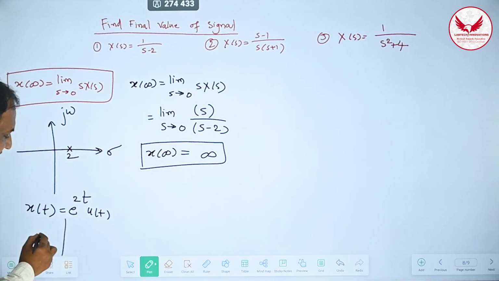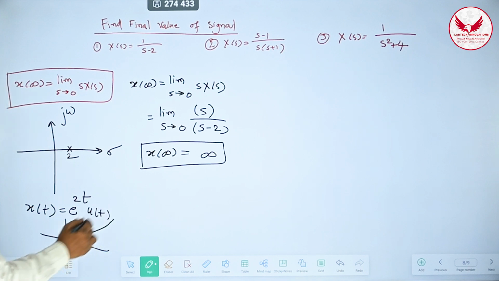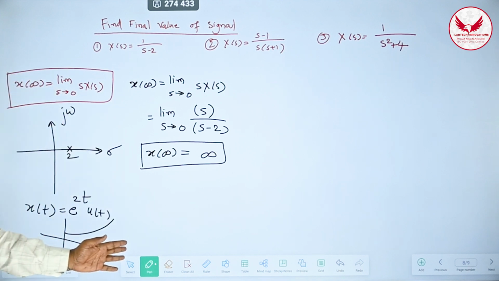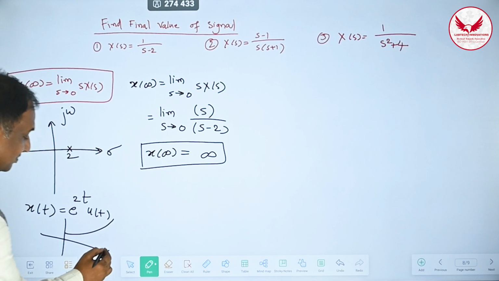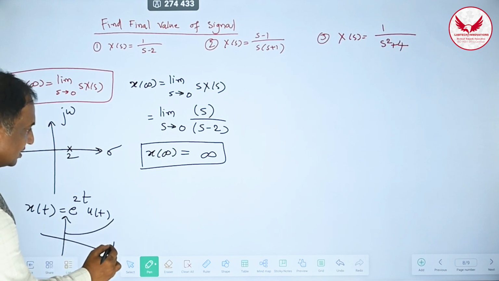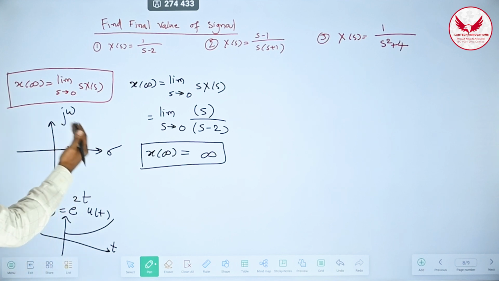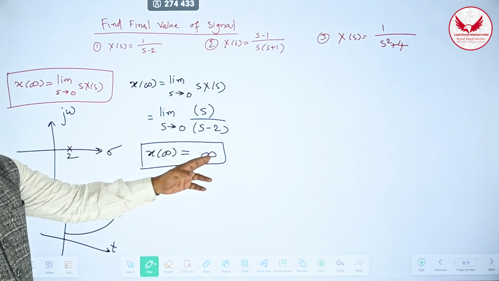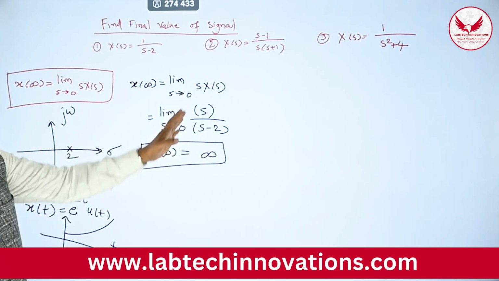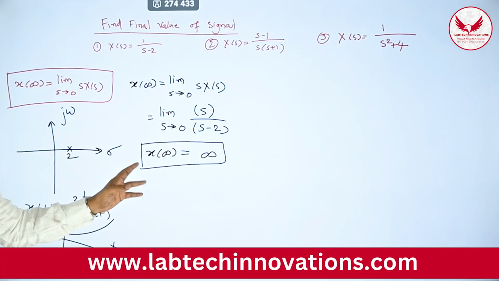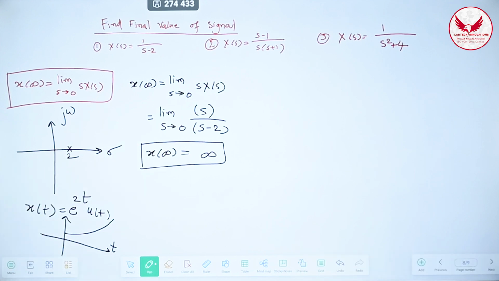If you plot this signal in the time domain, it is just a growing signal. After time t is equal to infinity, it is going to become infinity. Therefore, for such signals, when the poles are located to the right hand side of the j omega axis, x of infinity is always infinity. So instead of substituting and cancelling terms, accordingly you can find the final value of the signal.